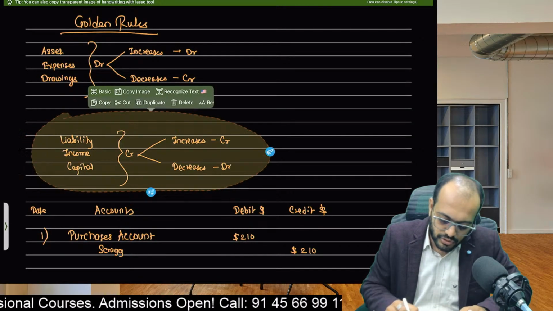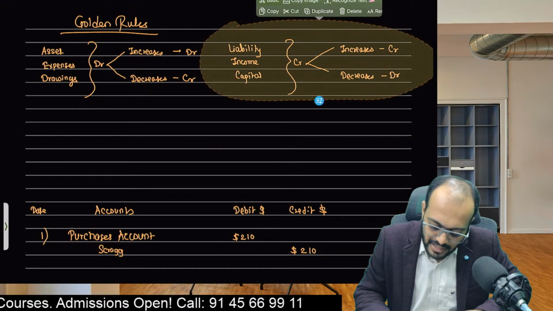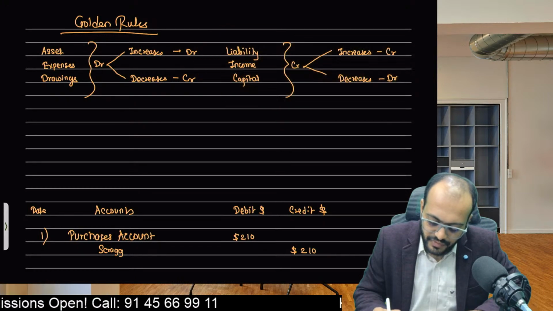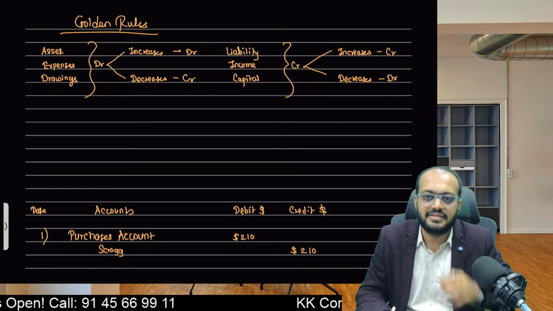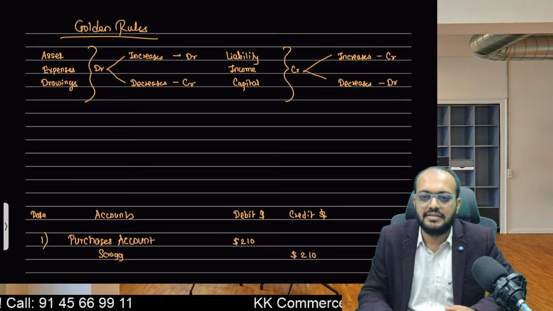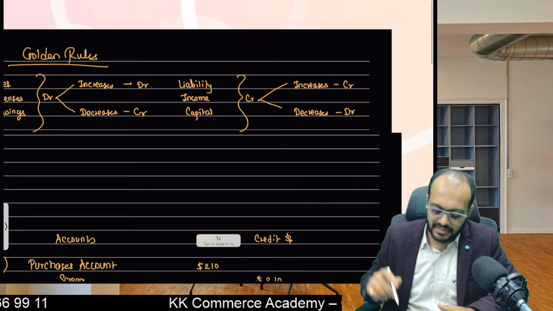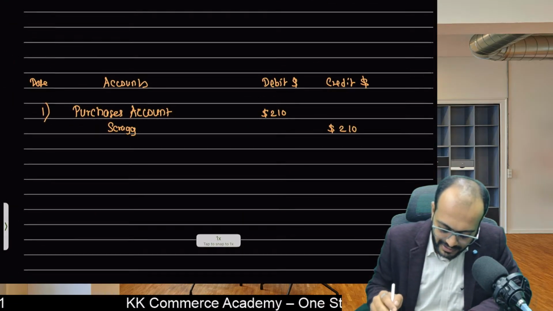Okay, so it is our income that we are selling the goods, and since we are making income, our income increases, right? Since income increases, it should be credited. It has a credit balance, and since it increases, it has to be credited.